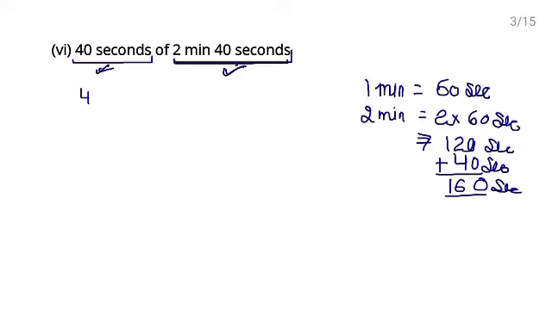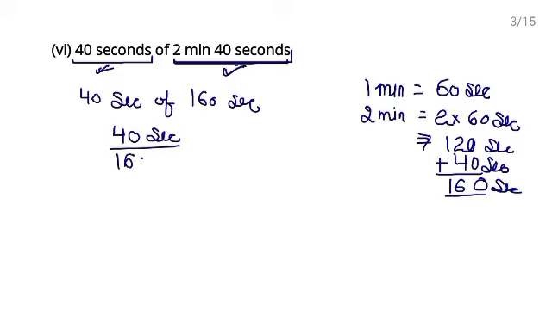So now the question is 40 seconds of 160 seconds. Now simply write 40 seconds in the numerator, 160 seconds in the denominator. To convert into percentage, multiply by 100 and put the percent sign.